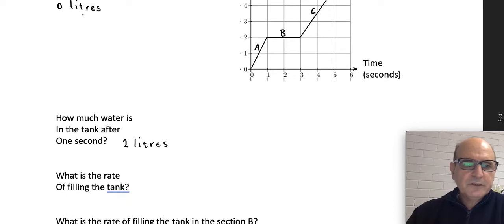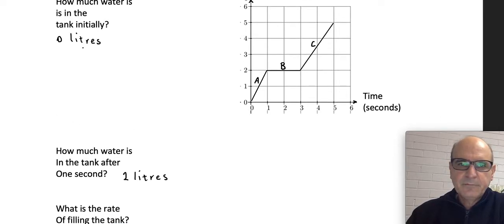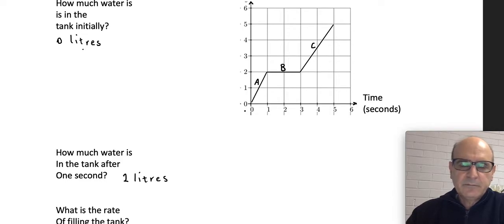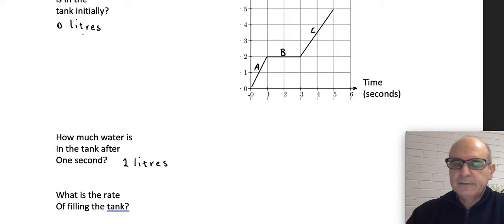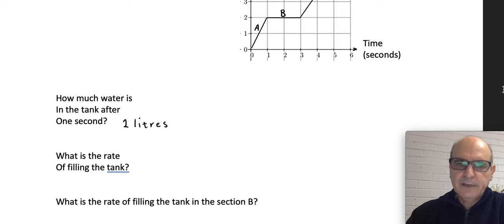The next question is, what is the rate of filling of the tank? Of course, we are talking only about this section so far. We said that in 1 second, 2 liters flowed into the tank.